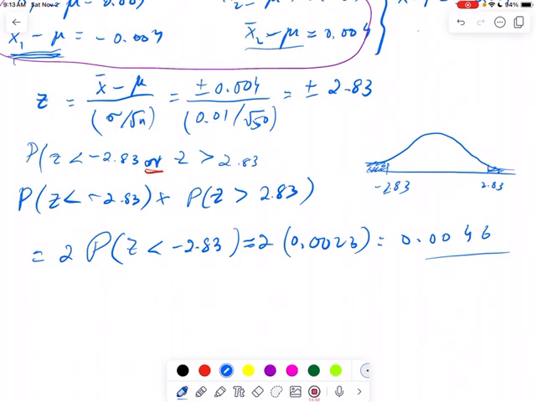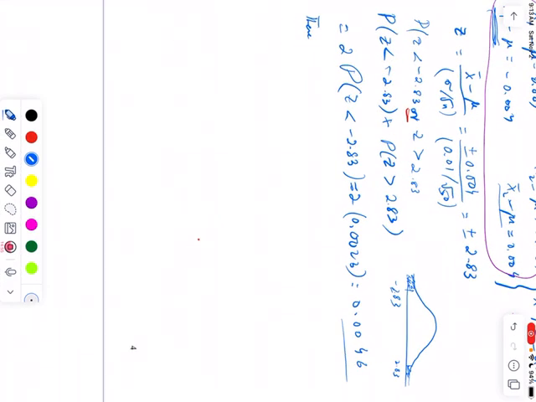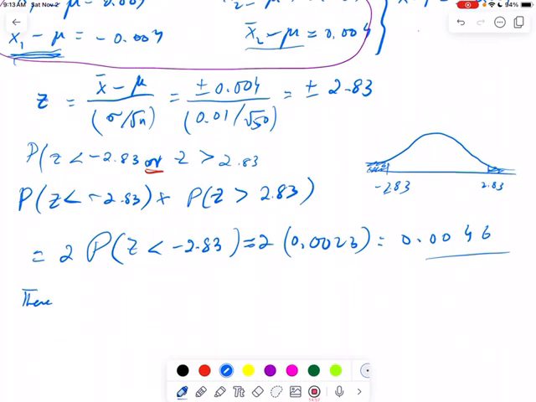So there is very little chance, about 0.5%. So what did the question say?